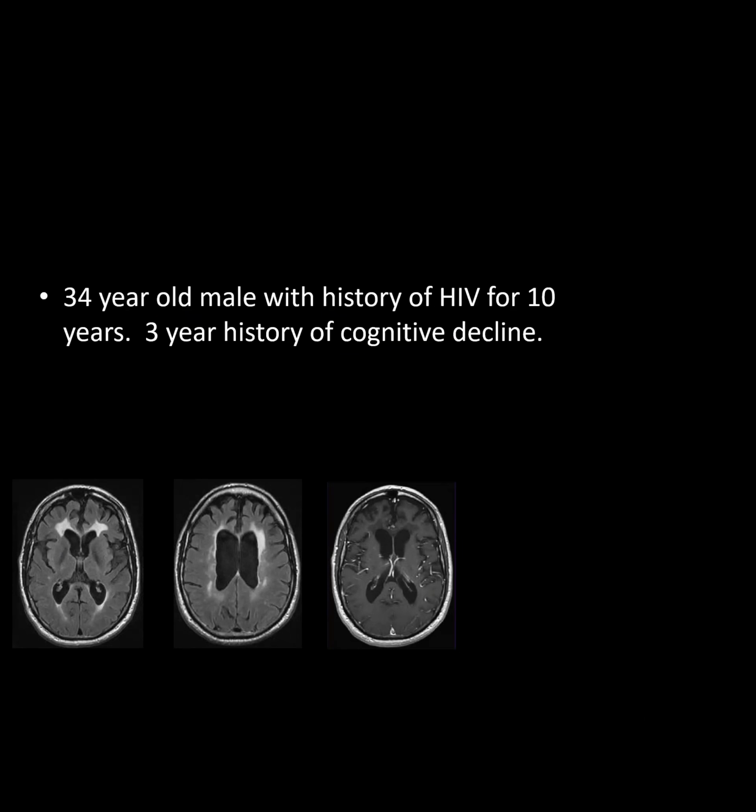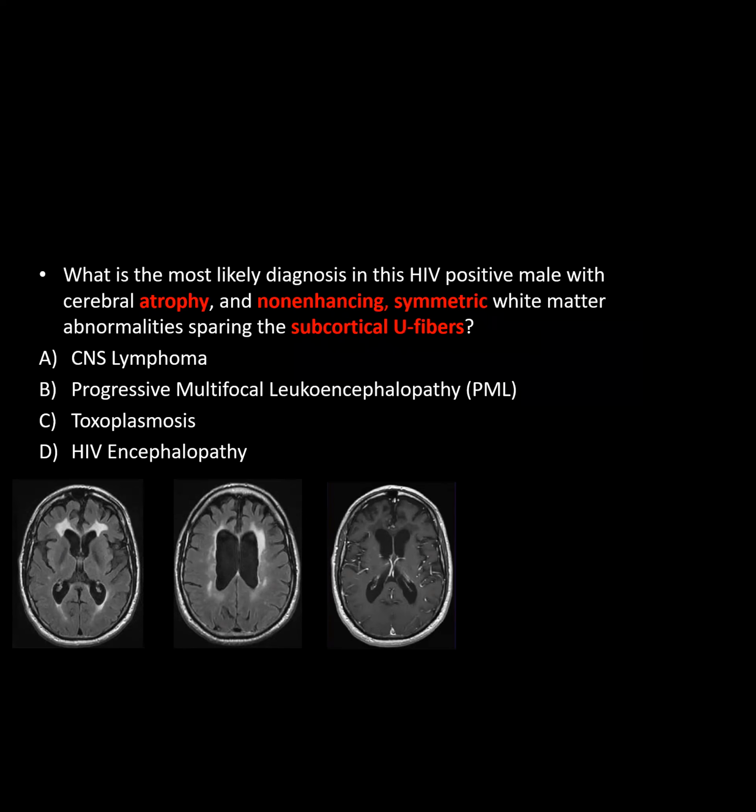So there's bilateral FLAIR hyperintensities around the ventricles. Yep. And they don't seem to enhance with contrast. Nope. Okay.